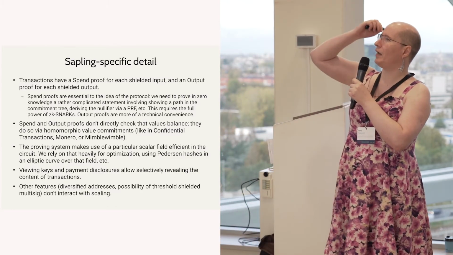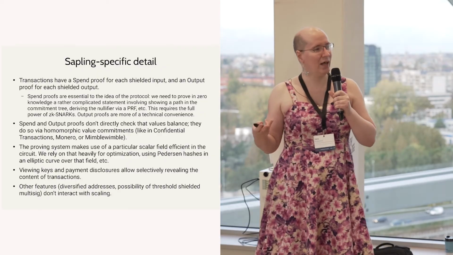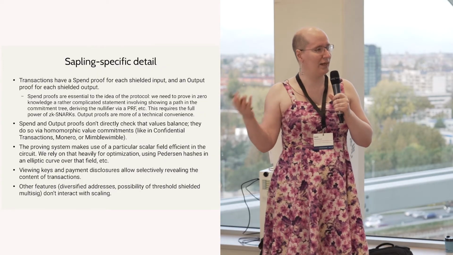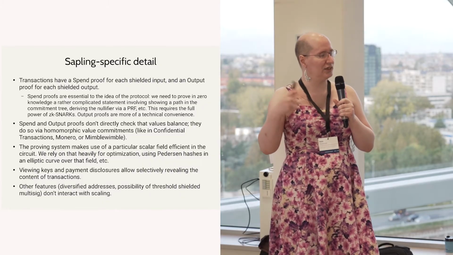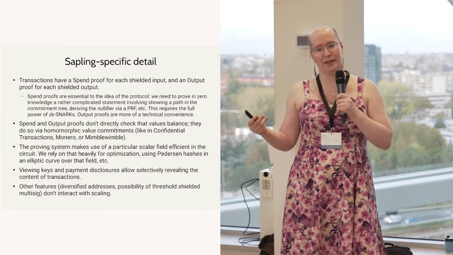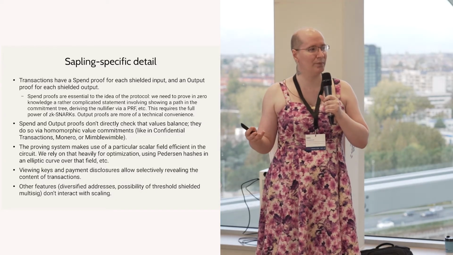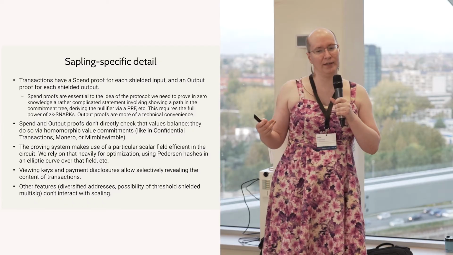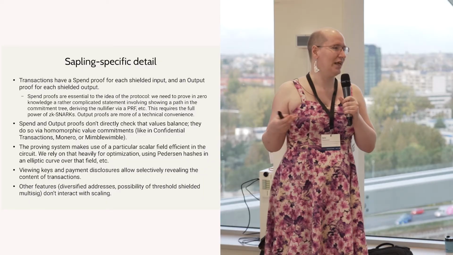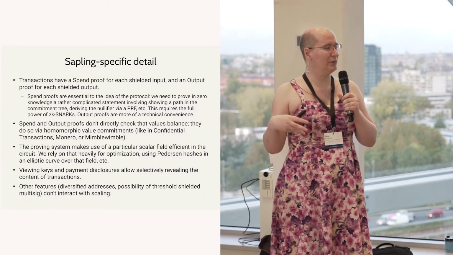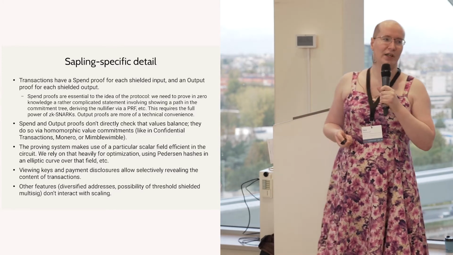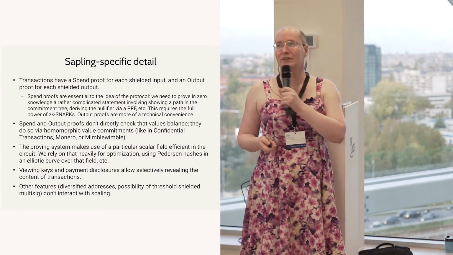So this detail about Sapling is the more recent version of the protocol where we upgraded it and we changed the proof system to Groth16. We did a lot of optimizations to the statements. And we got the cost of a spend proof down from, say, 50 seconds to just a few seconds, say 4 seconds. So that is a really important performance improvement in practice.